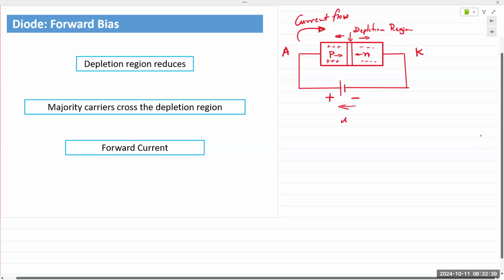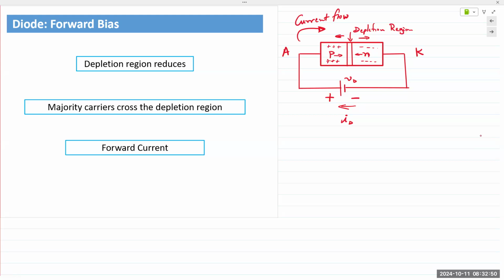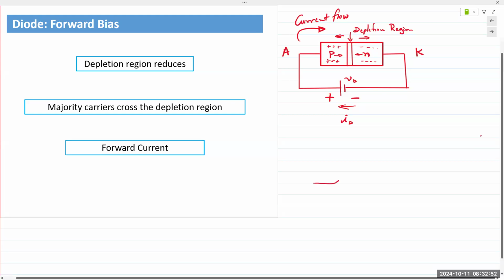Let's write down ID, and this would be VD. Now voltage. Once current starts flowing, a very small increase in voltage would result in a very large increase in current. This is zoomed in and magnified.